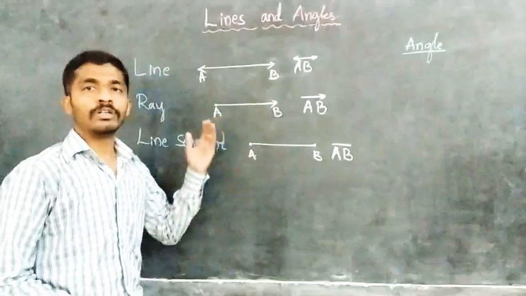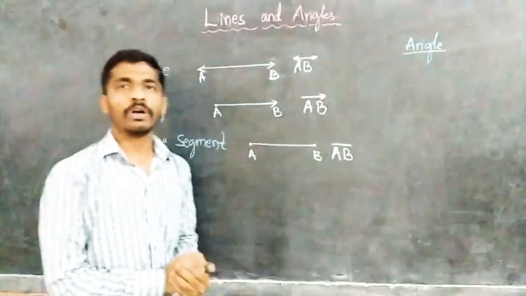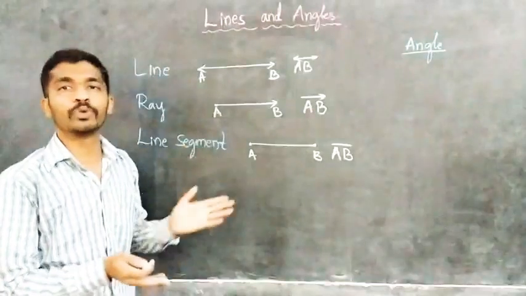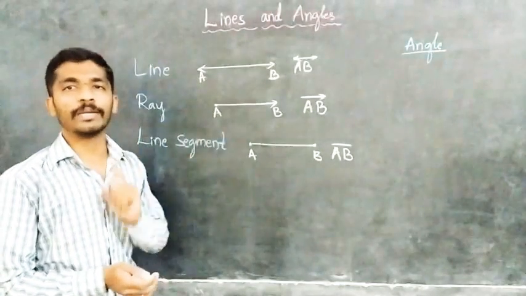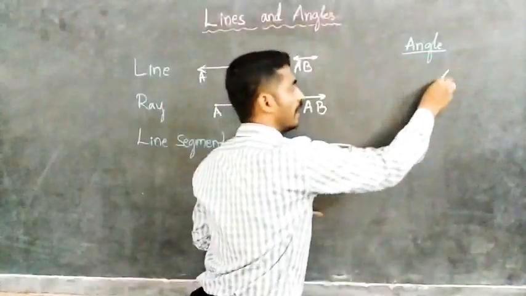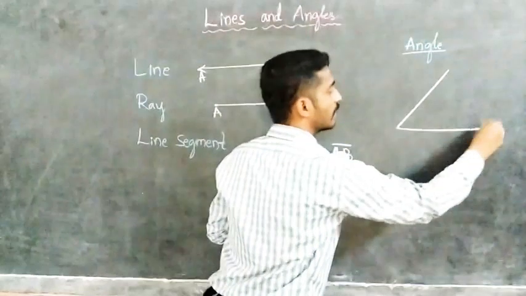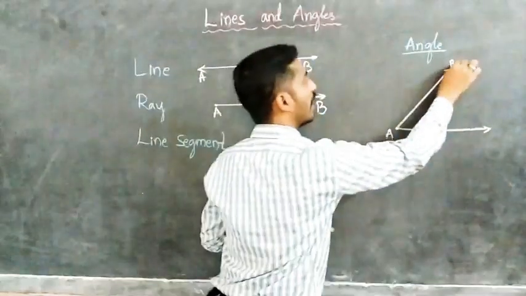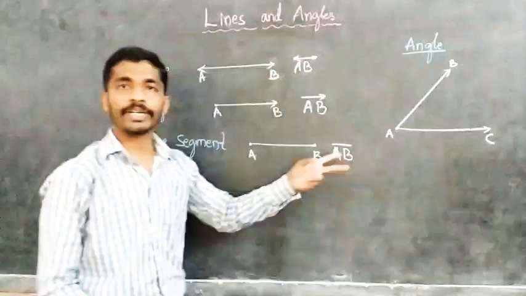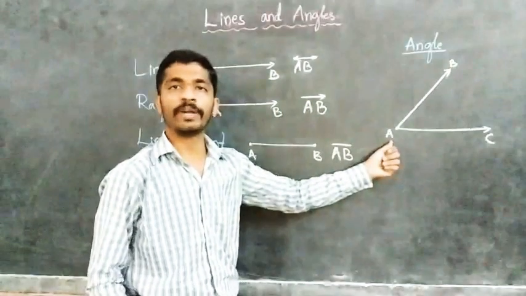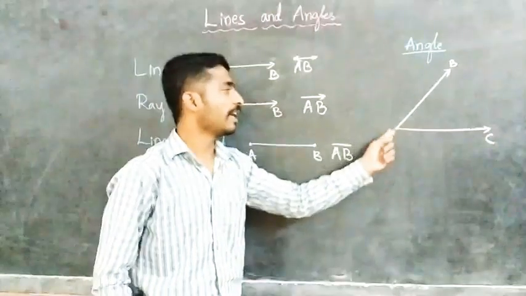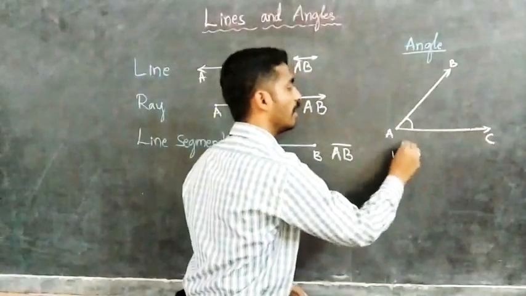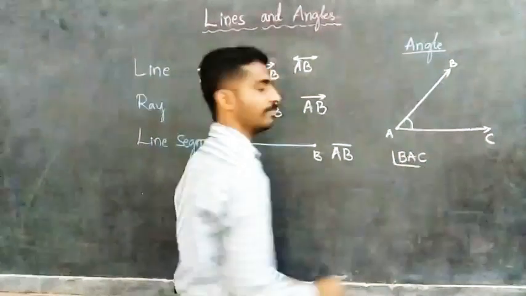So these are our basic points. Already we know. Now about angles. How to identify an angle? An angle is nothing but a combination of two rays and one common end point. If I take AB and AC, two rays with the common endpoint A, then AB and AC make the angle, which is angle BAC.